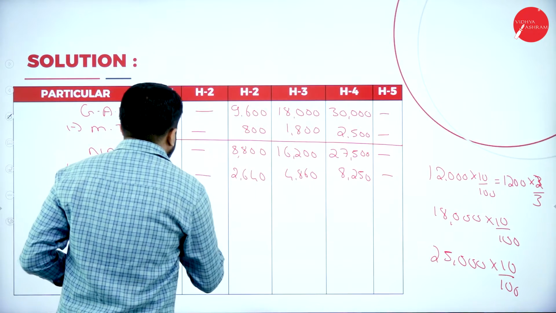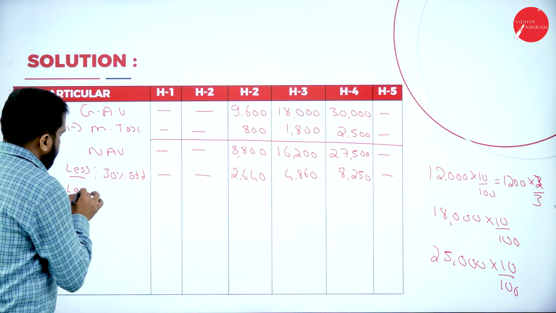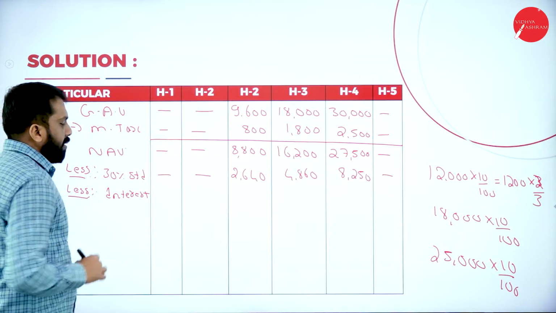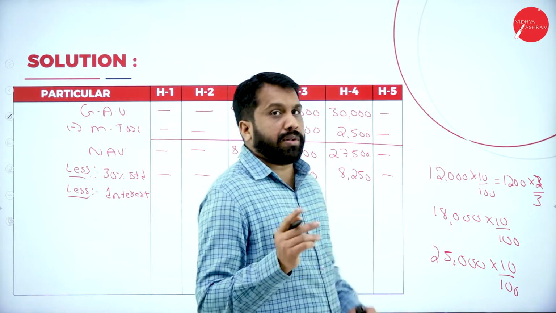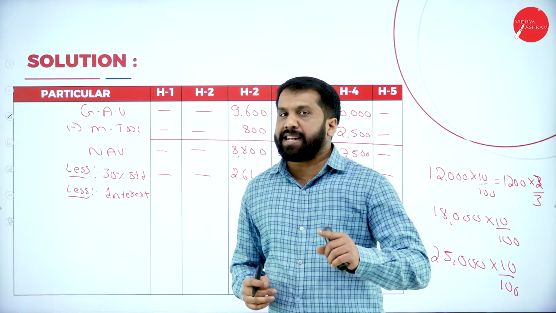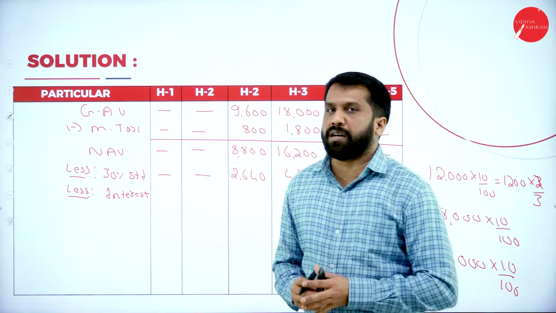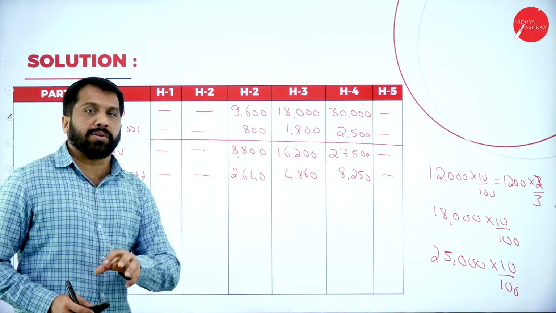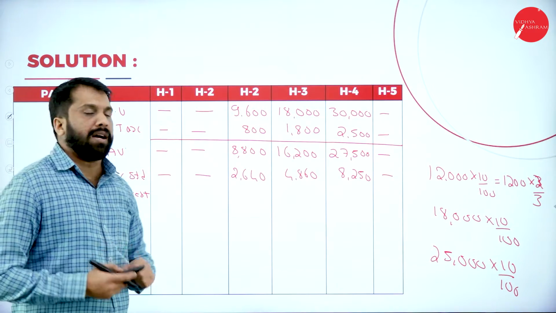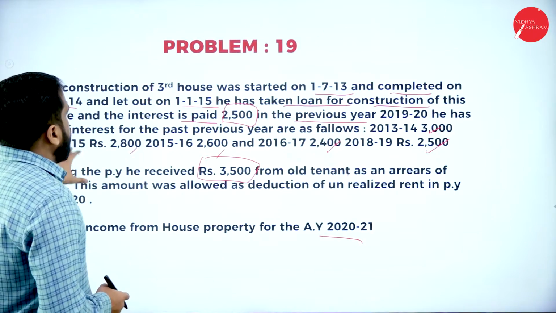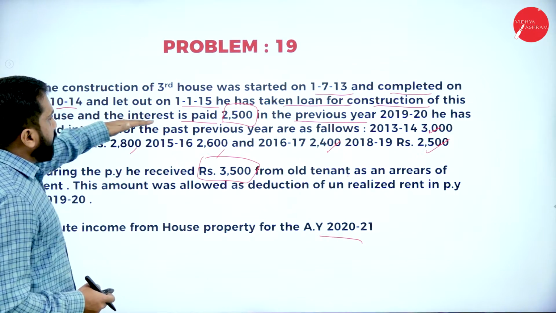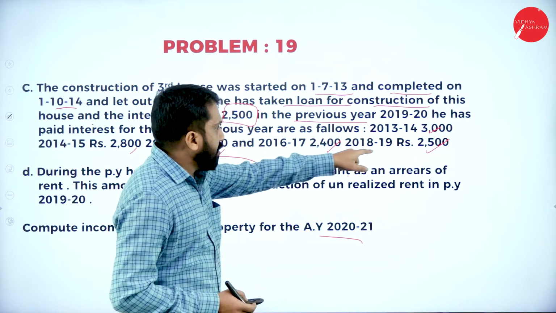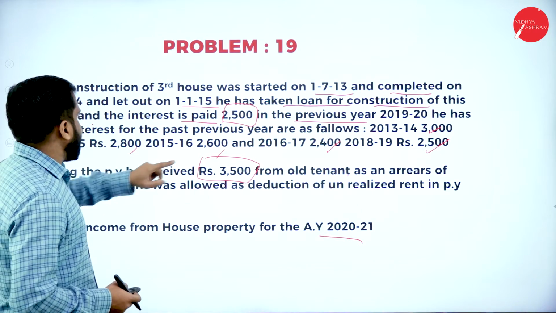Now see, along with that, less interest. Remember, you are supposed to take interest only for the previous year. You are not supposed to take interest of the preceding previous year. The old interest you are not supposed to take. You have permission to take only the previous year interest. Now I'll go back to the adjustment. The house interest given is 2,500 for the previous year. But still you have 3,000, 2,500, 2,400, 2,600.